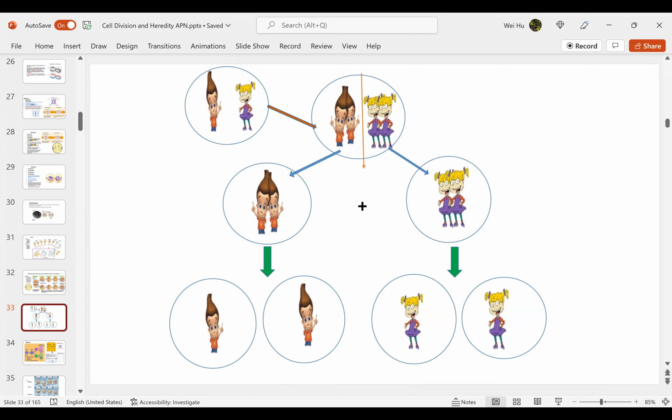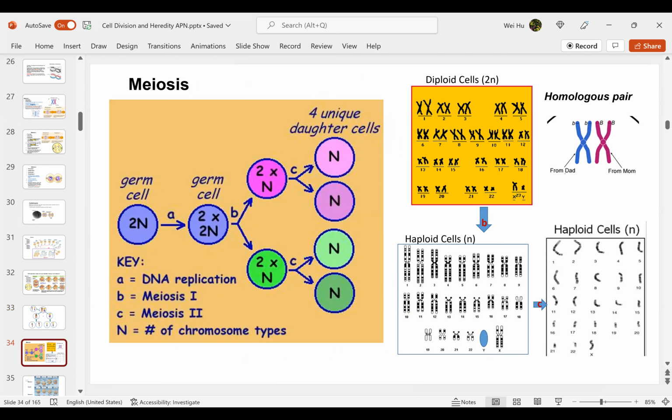So you're making 4 different cells, and each cell only has one set of chromosomes, only 23 chromosomes. Okay, so now we can understand this picture much better, right? So you do interphase once, which means you duplicate your DNA only once, but you divide it twice. And then you're making 4 different cells.